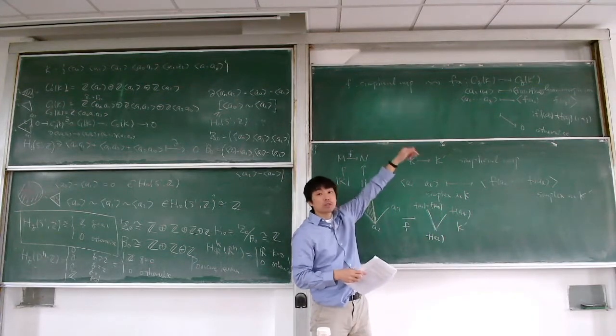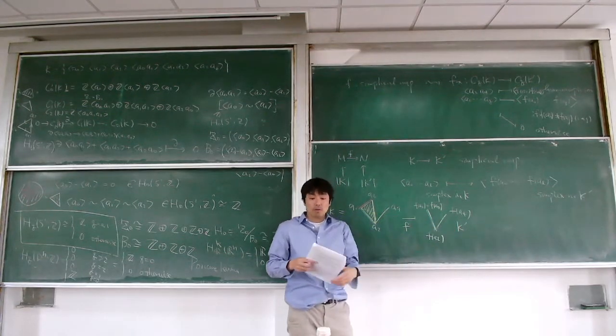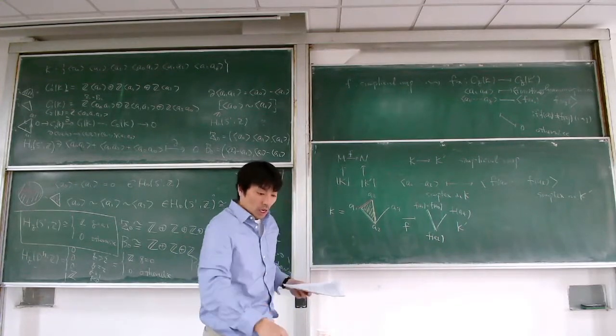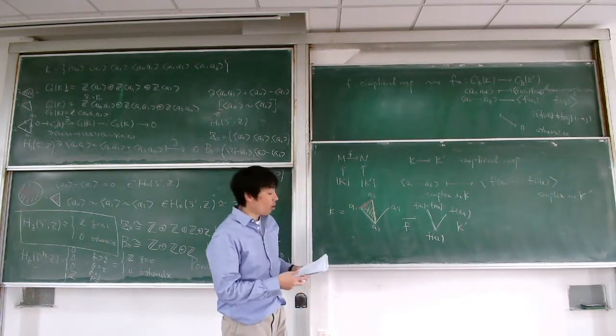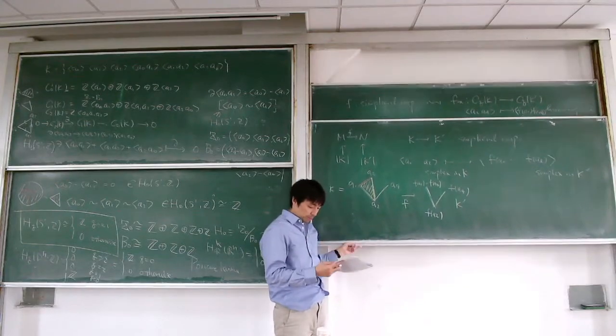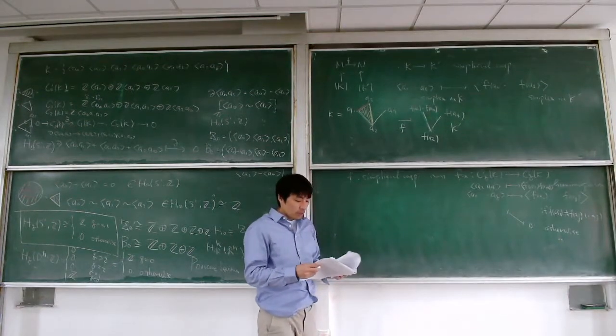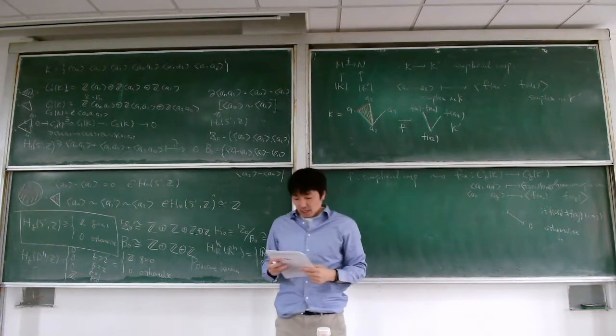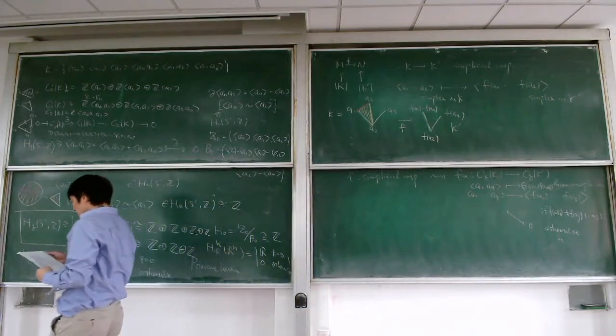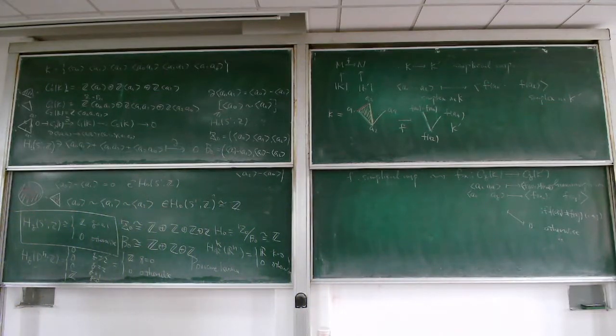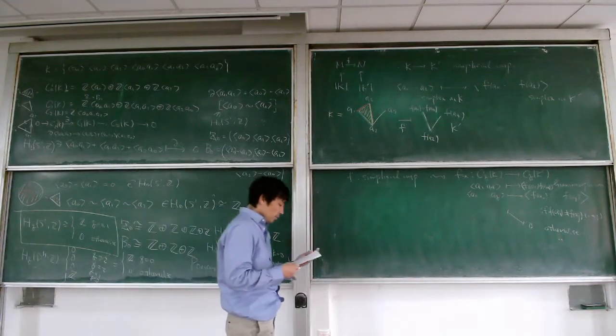Therefore, it goes to the trivial one. That way, that's the induced homomorphism in the chain group. As a physicist, it sounds a bit intimidating, but we are doing a very simple operation.